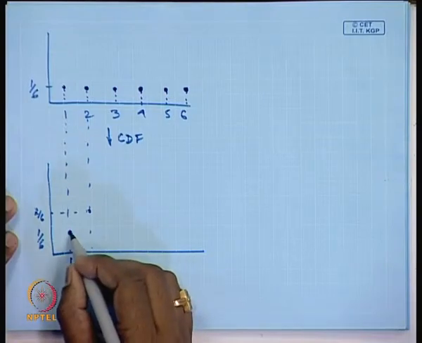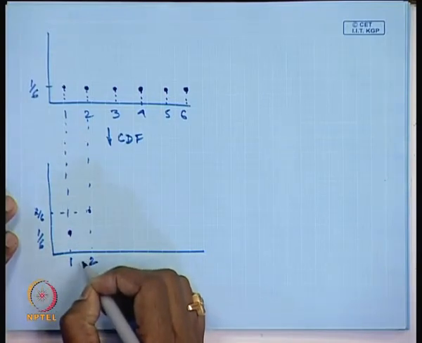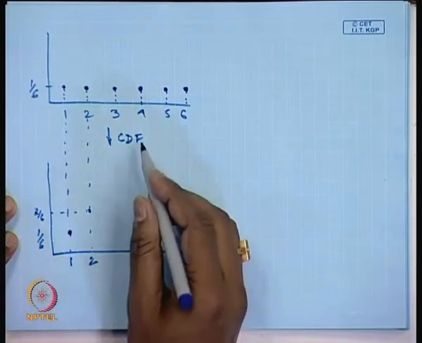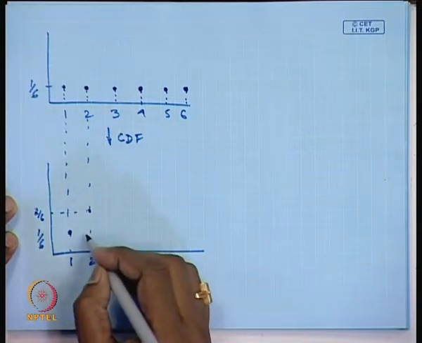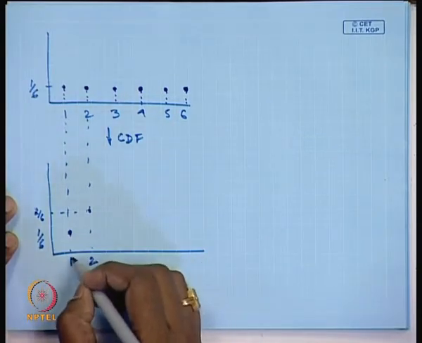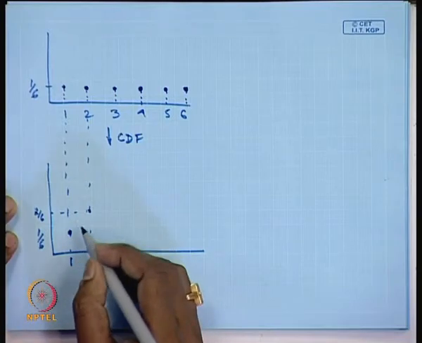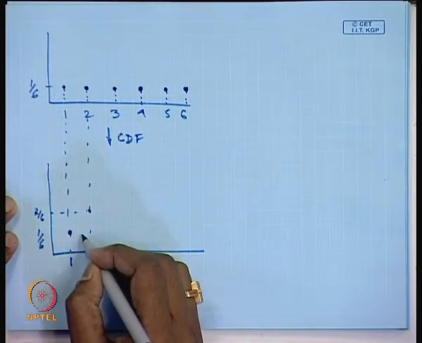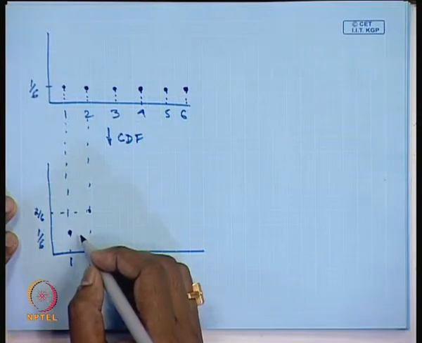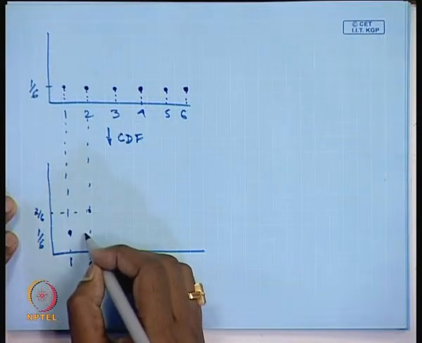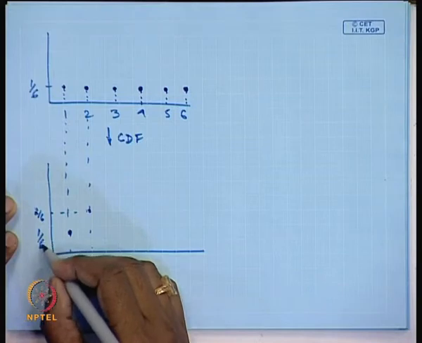Now, what about the line in between, for some number? For the CDF, the argument can take any number between 1 and 2, say for example 1.75. What is the cumulative probability up to 1.75? Obviously the probability is 1 by 6.